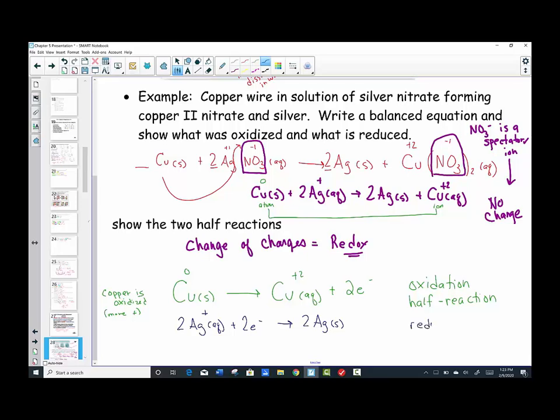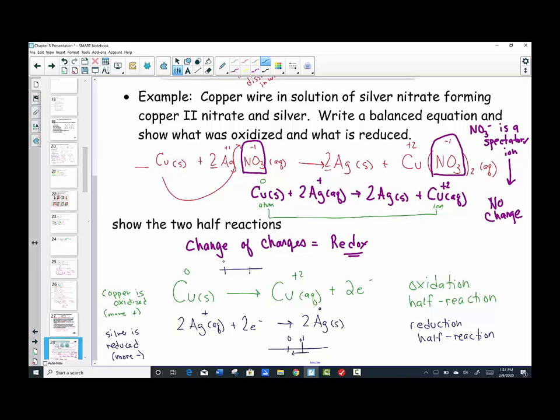This is known as a reduction half reaction. You would say that silver is reduced, making it become more negative on the number line. To go from a plus charge to a 0 on the number line, think of it, if you're at a +1 and you go back to a 0, you're becoming more negative.